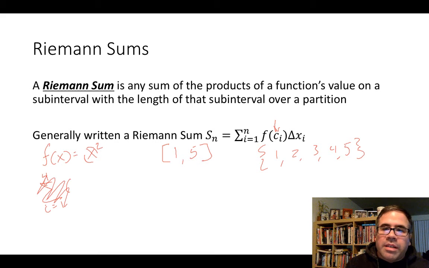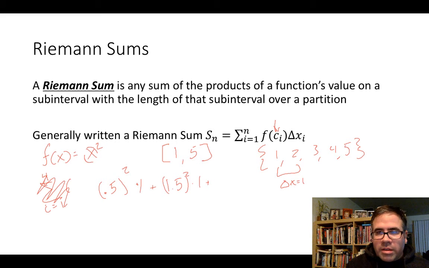So an example of a Riemann sum here would be 0.5 squared times the length of the interval, which I made equal to 1, always. So times 1 plus 1.5 squared times 1 plus 2.5 squared times 1 plus 3.5 squared times 1 plus 4.5 squared times 1.